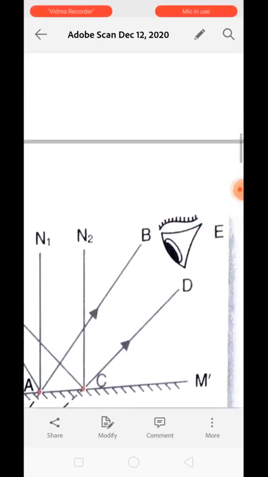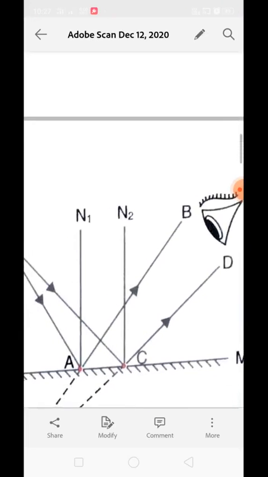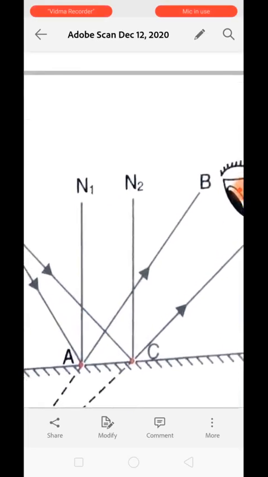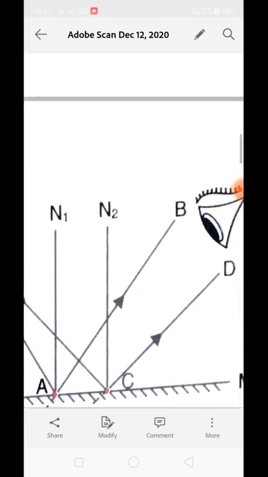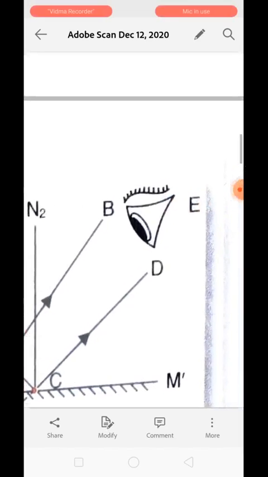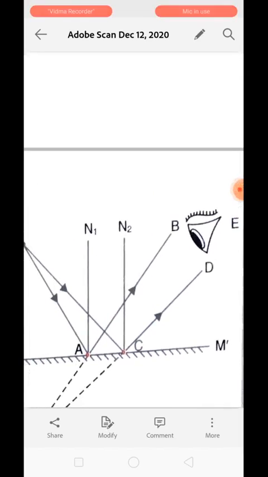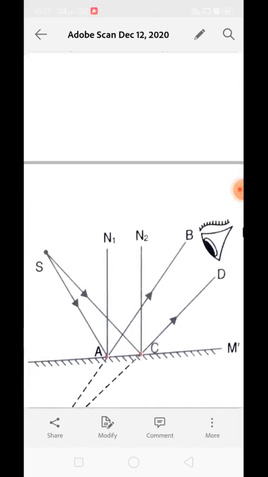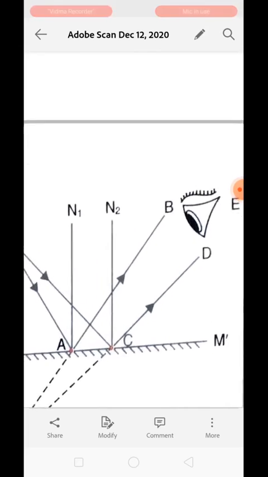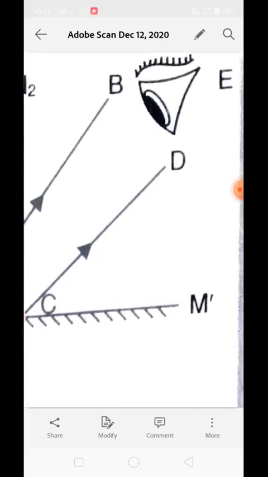Now see over here, they are falling on the mirror and going to get reflected back toward the human eye. The ray reflected from point A is named B, and from point C is named D. So SA is the incident ray and its reflected ray is AB. SC is the second ray, and its reflected ray will be CD, which is falling on the eyes.